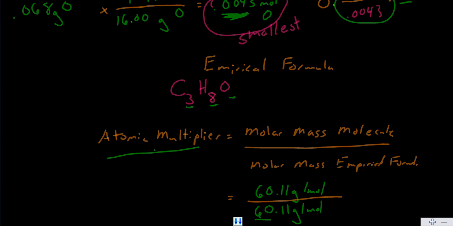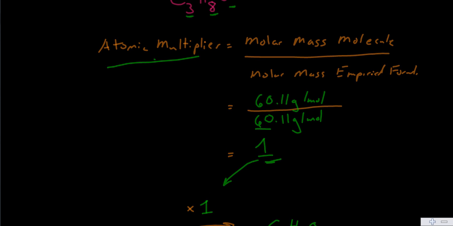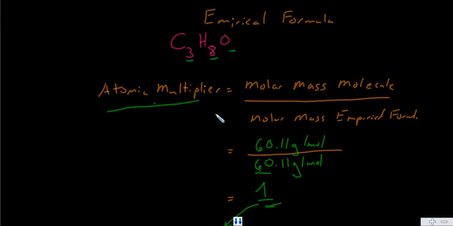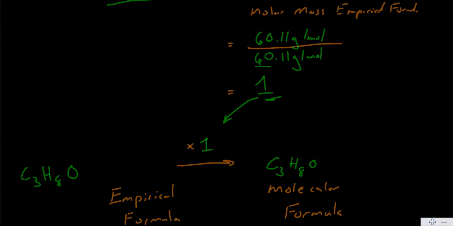We were told in our problem that the molar mass of the molecule is 60.11 grams per mole, and we know the molar mass of our empirical formula is also 60.11 grams per mole, 3 times 12.01 plus 8 times 1.01 plus 16 gives 60.11. And so knowing that our molecular and empirical formulas are the same, we know that the atomic multiplier is 1.